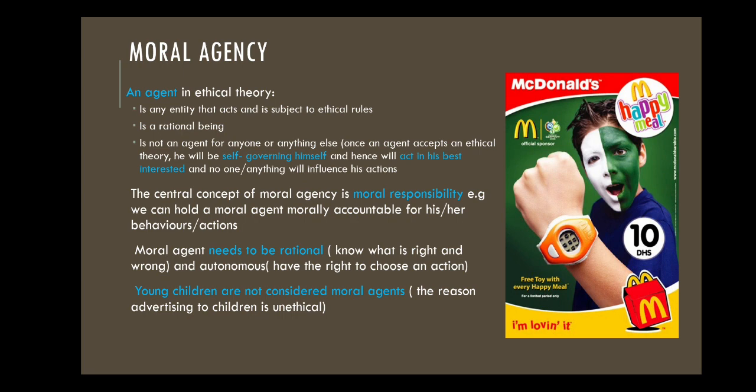An agent is any entity that acts and is subject to ethical rules. It is a rational being. The actor in ethical theory is not an agent for anyone or anything else.